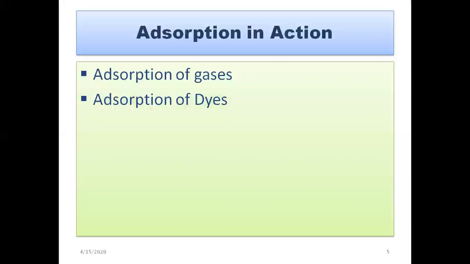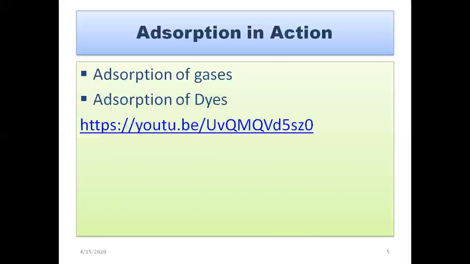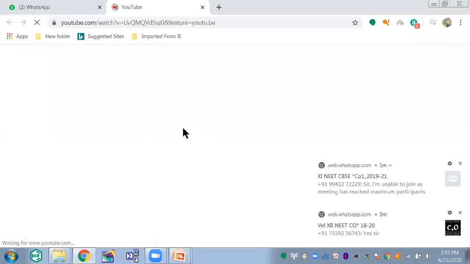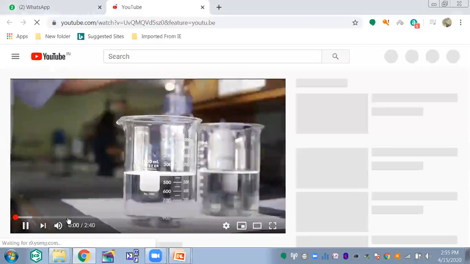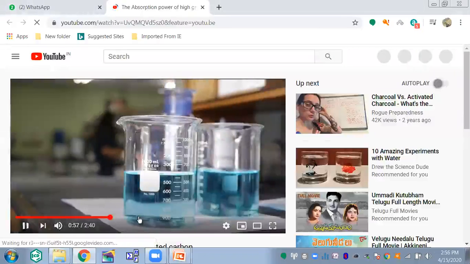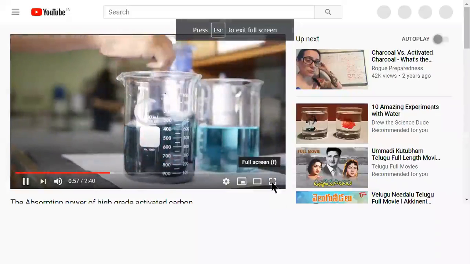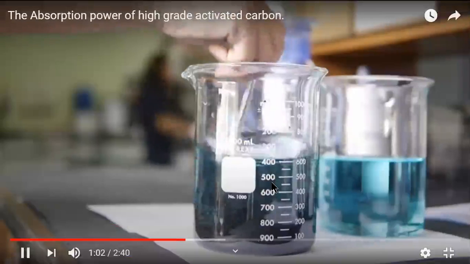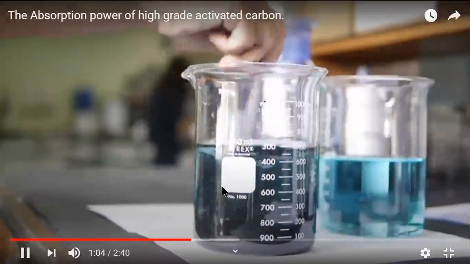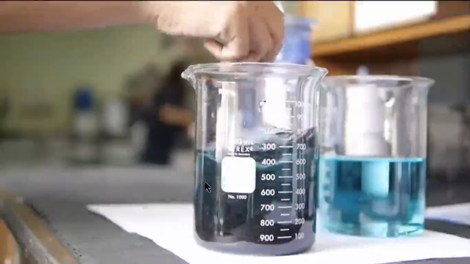The next one is adsorption of dyes. What is this adsorption of dyes? Let's have a YouTube video regarding adsorption of dyes. Let's have a look. Here I have a methylene blue dye. In this methylene blue dye, I am mixing activated charcoal, which is an adsorbent.